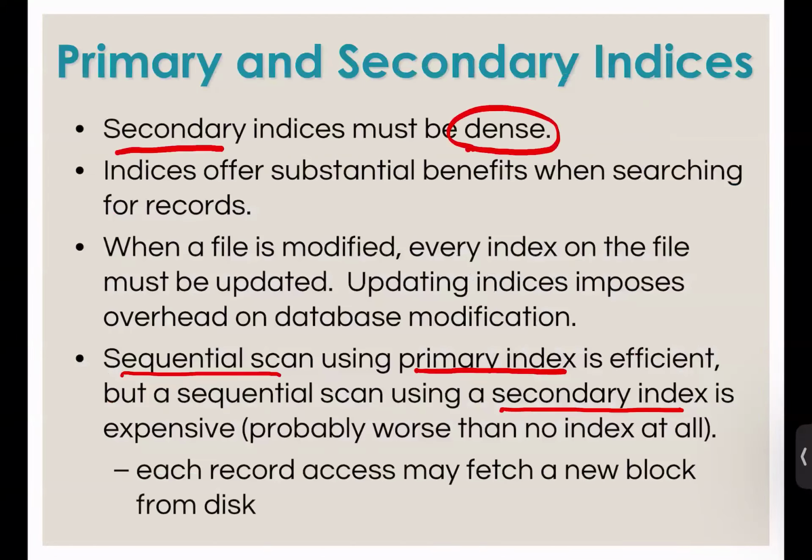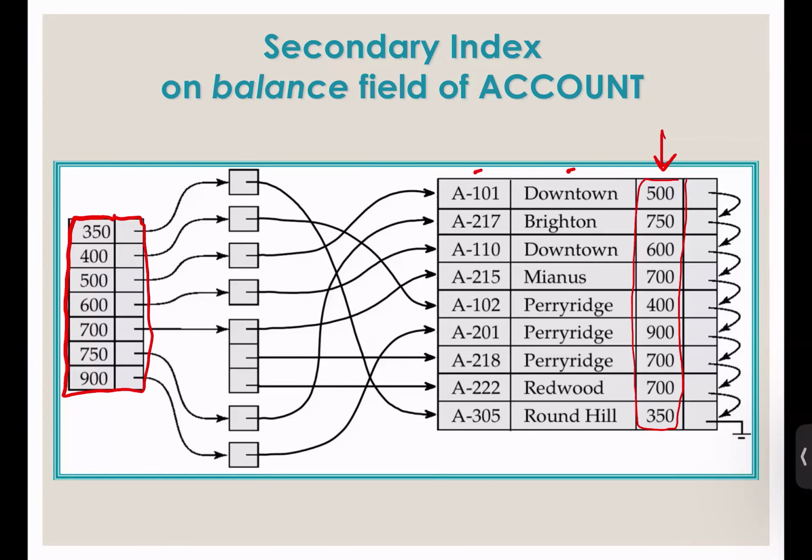But if you look here, second index must be dense. Dense means that, let's say in the case where we have 700, so you see that we have 700 here, here, and here. Dense means that we must have the pointers from that search key to every single data record.